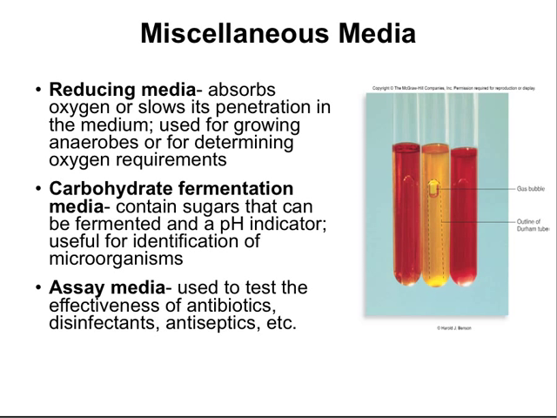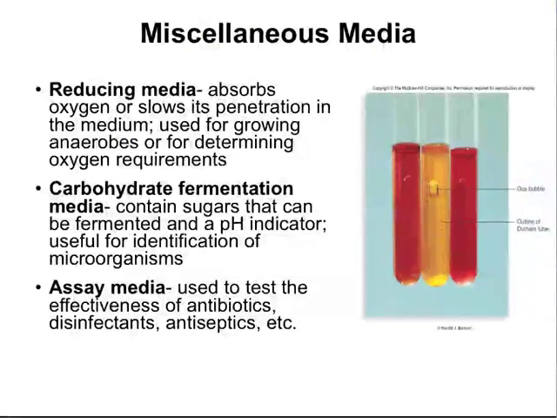Assay media are used to test the effectiveness of antibiotics, disinfectants, or antiseptics. So we'll plate the particular bacteria of interest on that media, and it may contain an antibiotic against that particular strain of microorganism, in which case any bacteria that are susceptible for that antibiotic will not be able to grow.